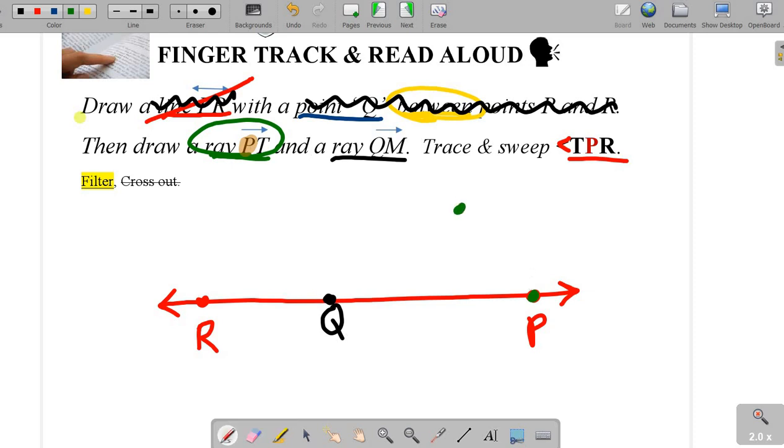Doesn't matter which way the T goes here. I didn't specify. So PT, that's a ray, so only one arrow. Cross it out. Draw a ray QM. Again, Q is the endpoint. M is some other random point. It doesn't matter whether M goes this way, or this way. All three. I didn't specify which direction.